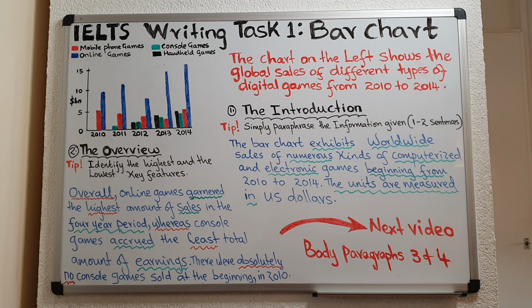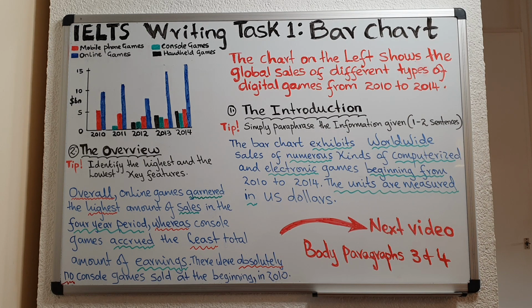You can see the highest feature has to do with the blue, because when you look at the bar chart, the blue is at the top in 2010, in 2011, in 2012, in 2013, in 2014. The bar chart is at its highest in regards to the blue, which is the online games.